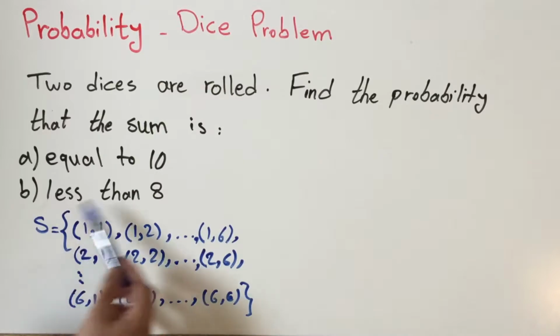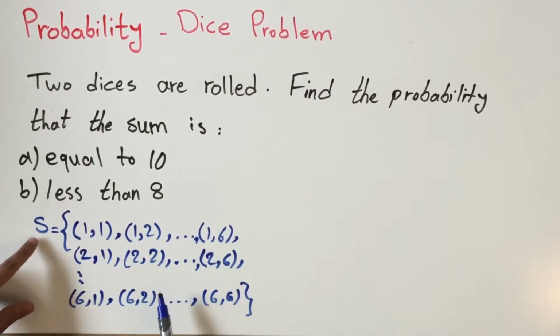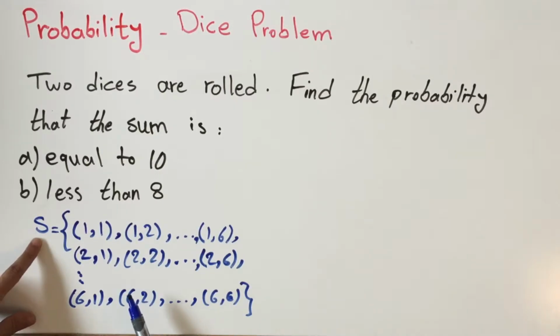Now, how many items do I have in this set, which is the sample space? As you see here, I have 6 items and I have 6 rows. So 6 times 6 is going to be 36.